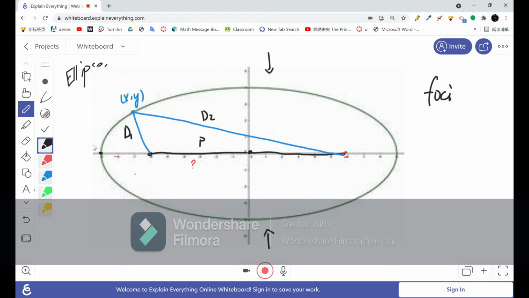Since the center is h comma k, if we let the major radius be a and the minor radius be b, we'll find what the question mark distance is, which is p.